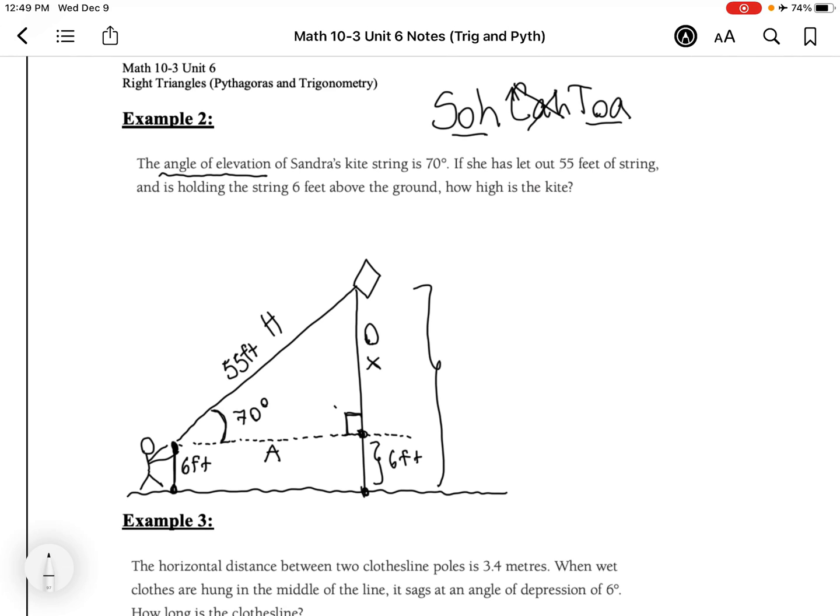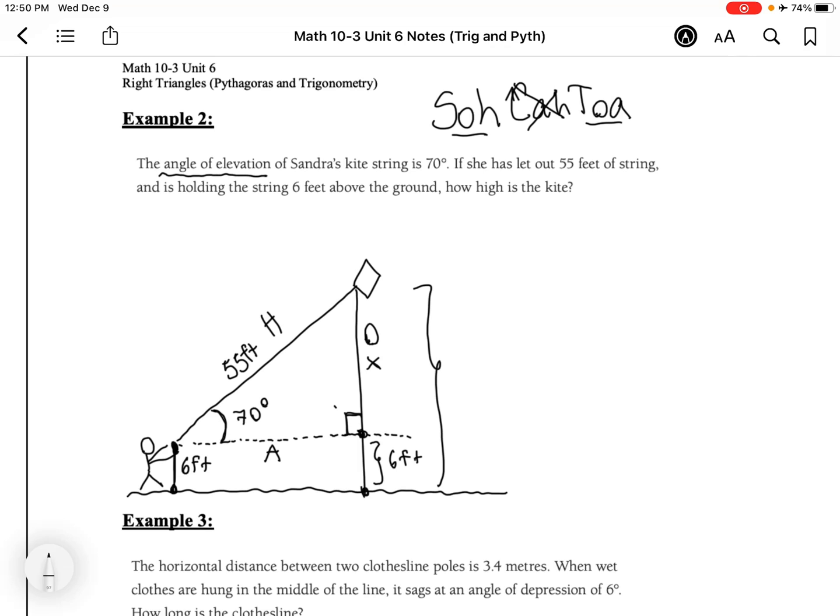I can't use cosine in this example because it doesn't involve the opposite side. To figure out whether I can use sine or tangent, I've got to think about what side I know. The side that I know is the hypotenuse. So if I know the hypotenuse and I want the opposite, I've got to use the trig ratio that involves opposite and hypotenuse, and that's sine.